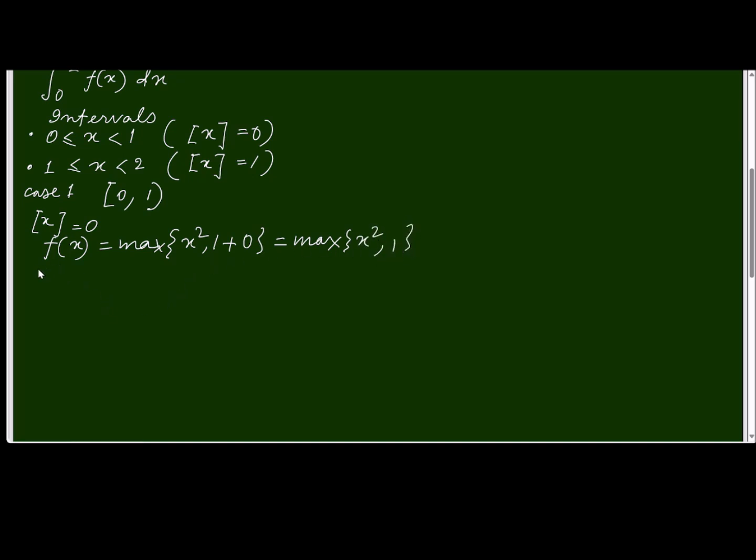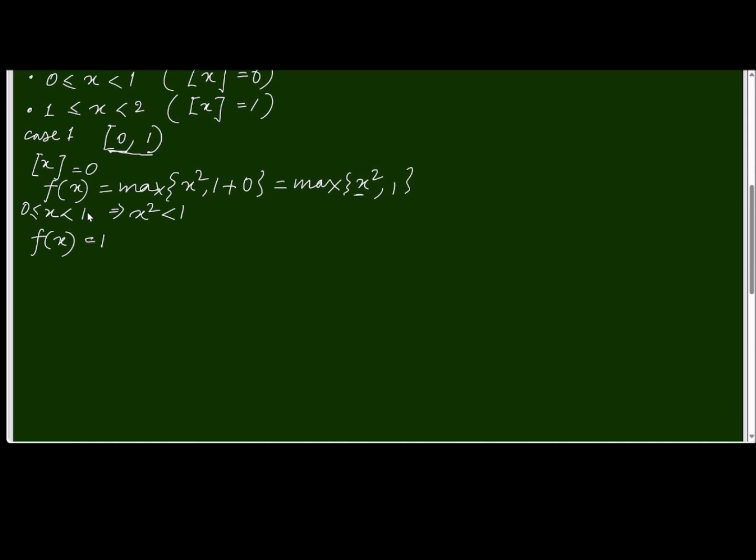Now the interval is x greater than or equal to 0 and less than 1. At that time x square is less than 1. So what will be the maximum? The maximum will take the value 1, because x square is less than 1. So f x is 1 in the interval 0 to 1.